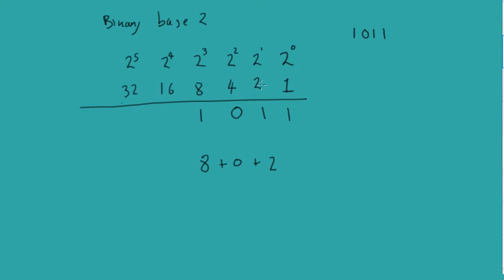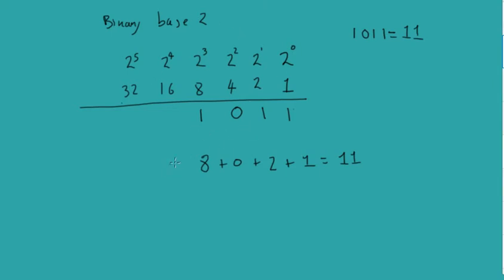This column here is 2 to the power 1, which is 2, and then we've got 1 here, 2 to the power 0 is 1, so we add a 1. So we've got 8, add 2, add 1 is 11. So in binary, this number is the same as 11 in decimal.